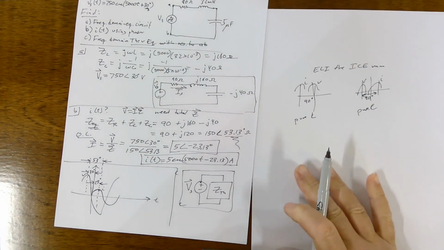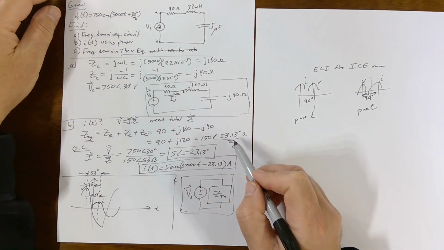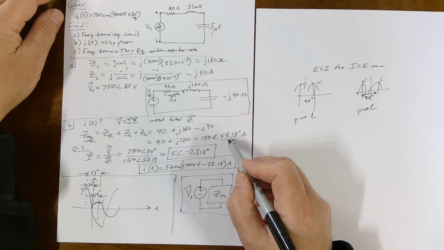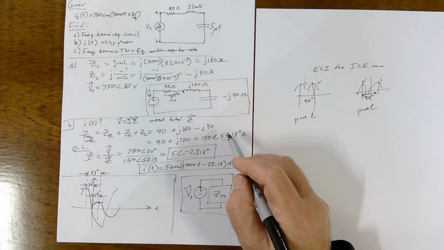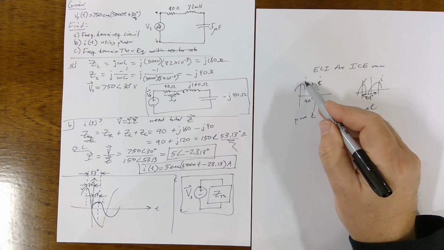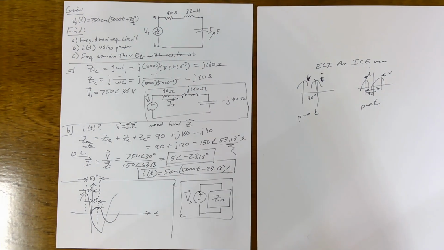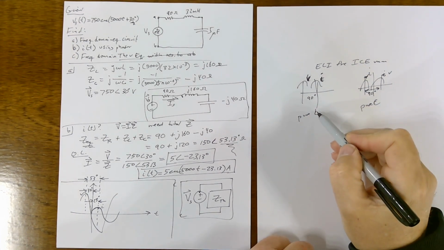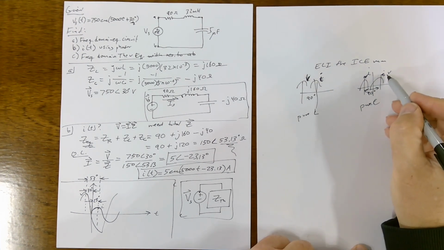It's this much, 53 degrees impedance. It's positive, so it's... I mix these up. ELI, voltage comes first. Okay, yeah, I did have it backwards. So if it's a purely inductive circuit, then the voltage will lead the current by 90 degrees. And if it's purely capacitive, the current will lead the voltage by 90 degrees.